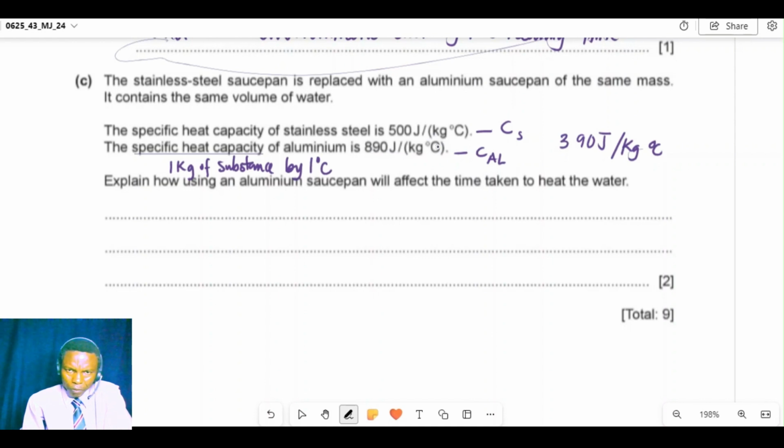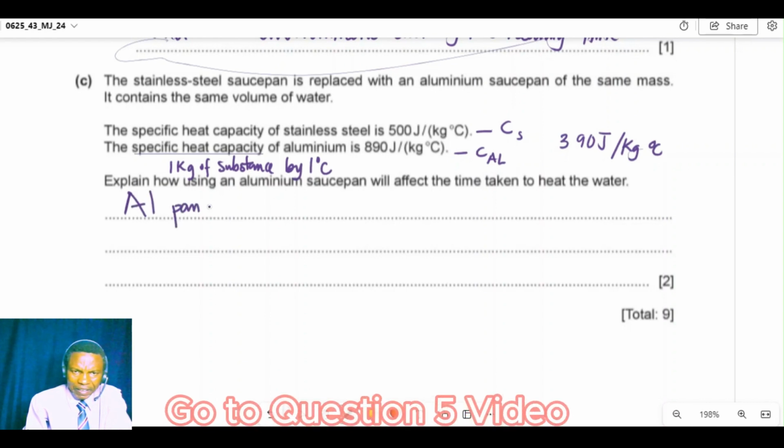So the aluminium pan will take a longer time to heat.